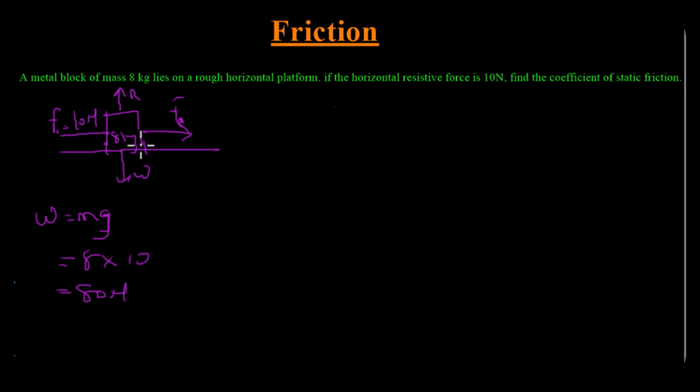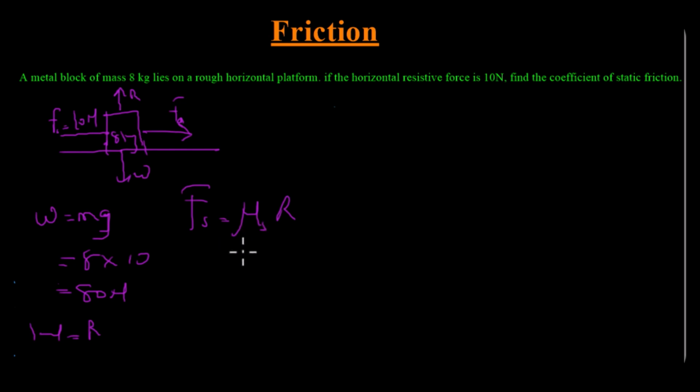Now, after getting W, I know W must be equal to R. So if W is equal to 80 newtons, definitely R also is equal to 80 newtons. Now, to find the coefficient of static friction, I simply want to say Fs must be equal to mu s R. So remember, I'm looking for mu s.